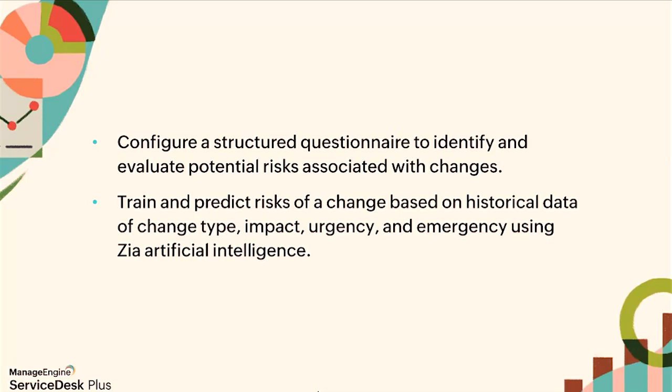They trained Zia, the AI engine, using historical change records, feeding it data like the change type, impact, urgency, and emergency. Based on this learning, Zia could predict how risky a new change request might be, flagging potential problems before this happens. Now let me take you to the application and show you how to configure this.